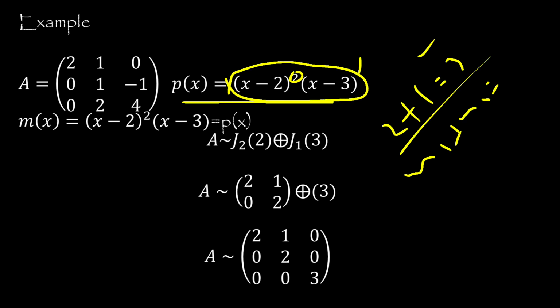Now we have a minimal polynomial, which is actually the same as the characteristic polynomial p(x). And if you can break this down, then A will be similar to a combination of Jordan blocks of size 1 and 2, because remember these powers give us the sizes of the blocks.